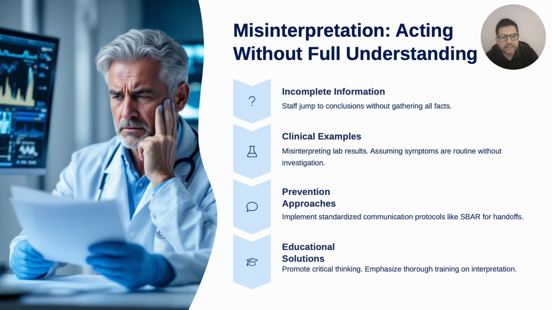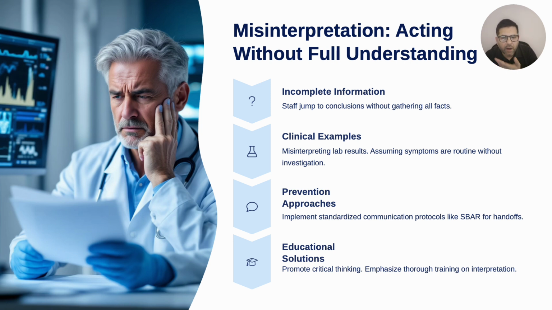So how do we tackle this? The answer lies in fostering clarity and encouraging thoroughness. So how do we do this? Number one could be thorough training. Beyond just what to do, training should cover why things are done a certain way, building a deeper understanding. This also includes critical thinking skills, teaching staff to question and verify.